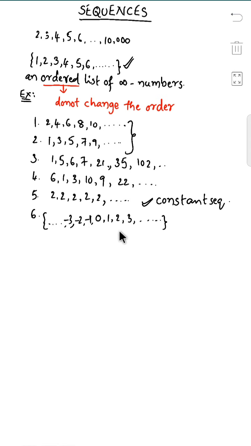We can also have a sequence of real numbers, like a sequence of rationals. We consider first 0, 0.2, 0.4, 0.6, and so on. Here the increment is only 0.2. With this we can continue writing infinite numbers.